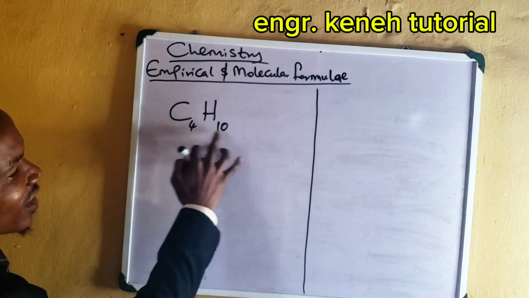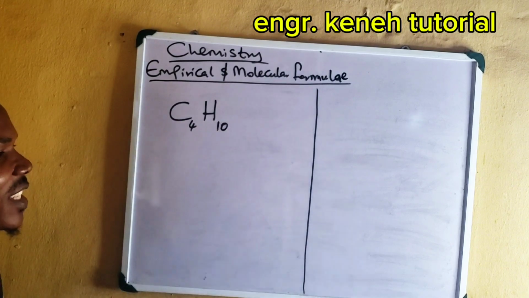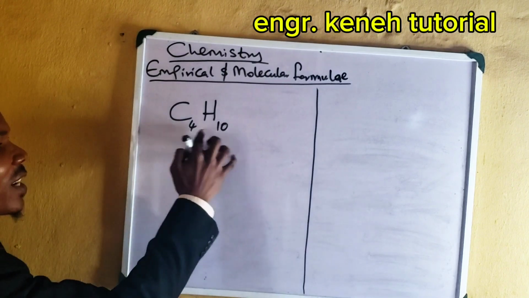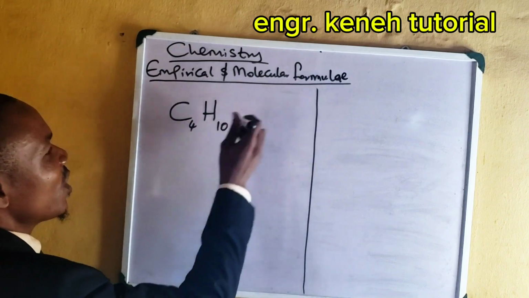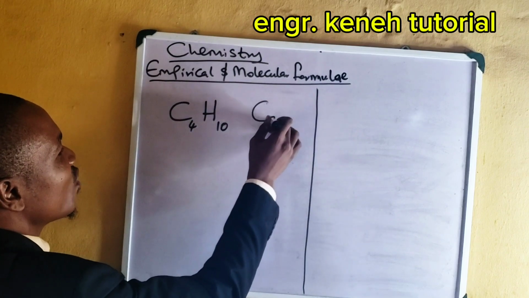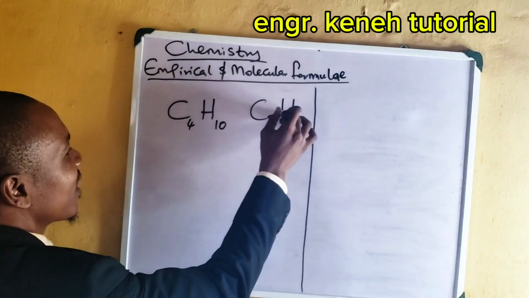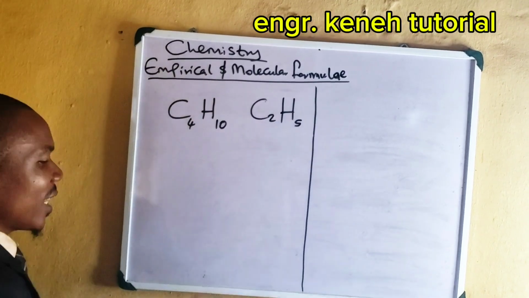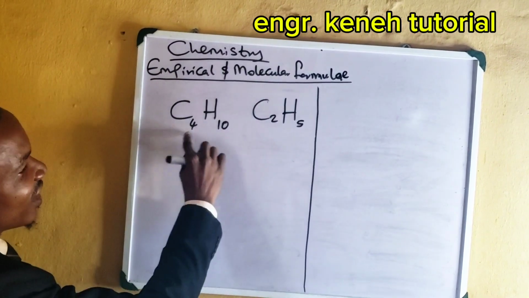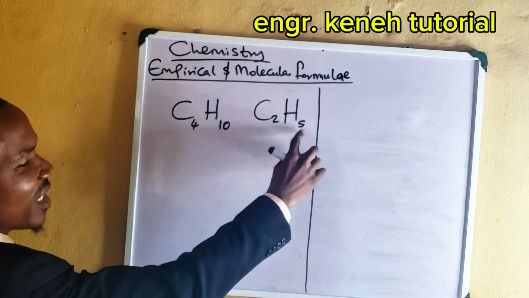You ask yourself, this 4 and 10, do we have anything that can divide? Yes, 2 can divide this and 2 can divide this. When 2 divides this, you have this 2. When 2 divides this, you have this. Can you see that? You notice that now you have reduced this to its lowest term, which is this one.